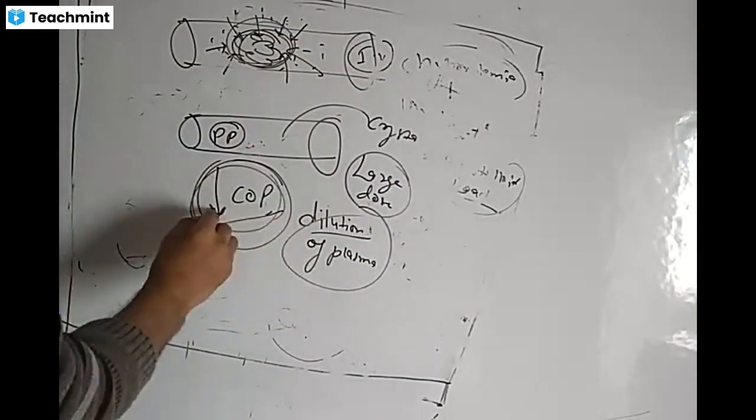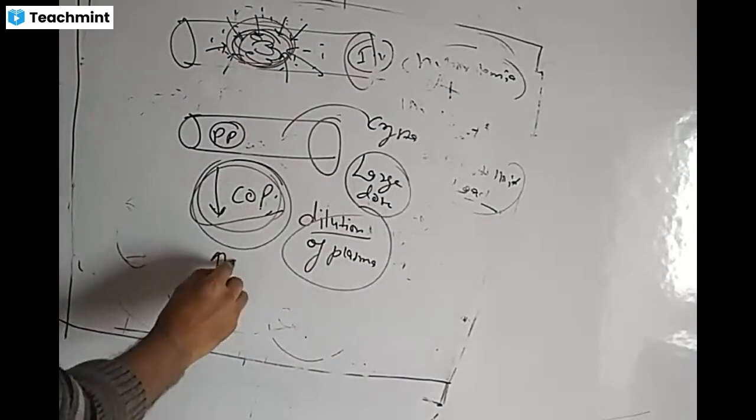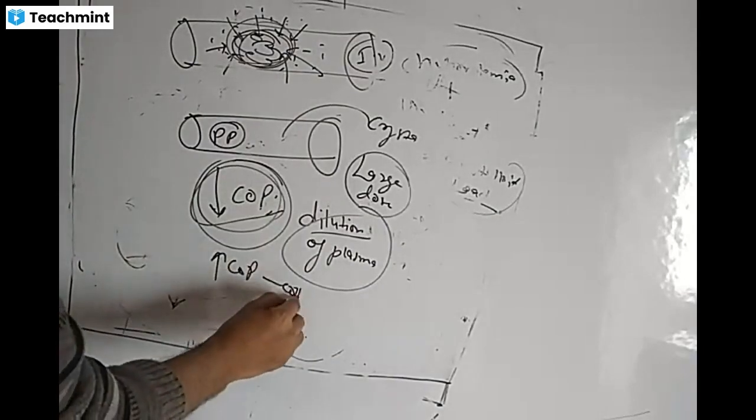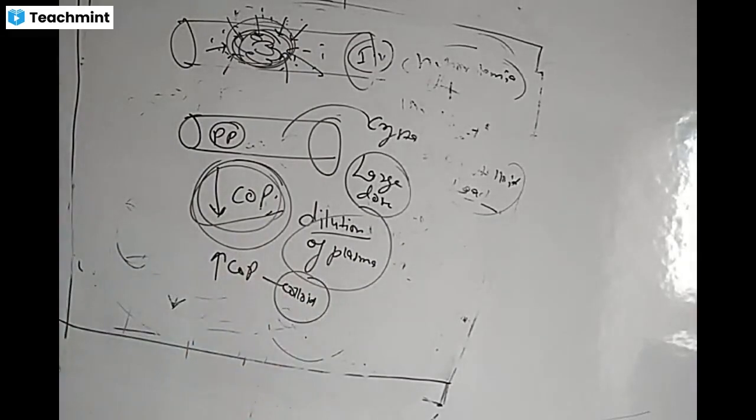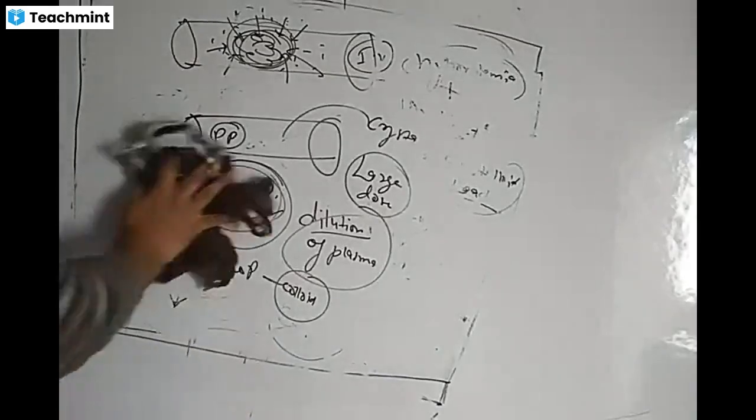So to increase this colloid osmotic pressure, we can use colloid. That may be synthetic or natural. First we'll do the synthetic one.